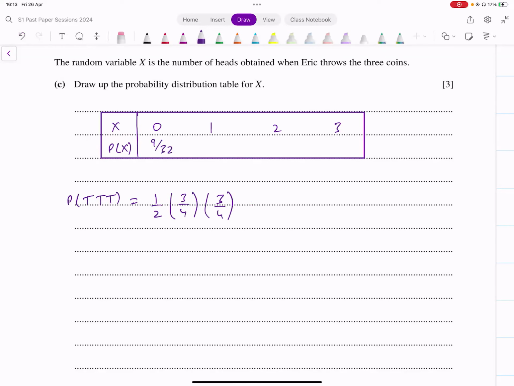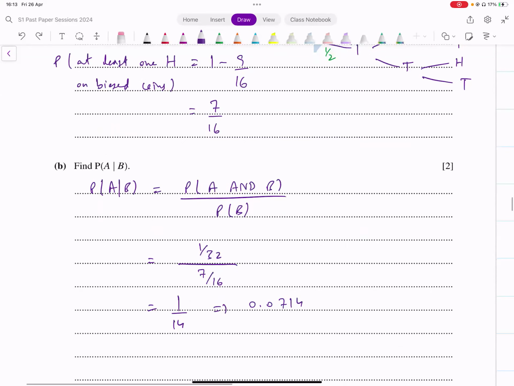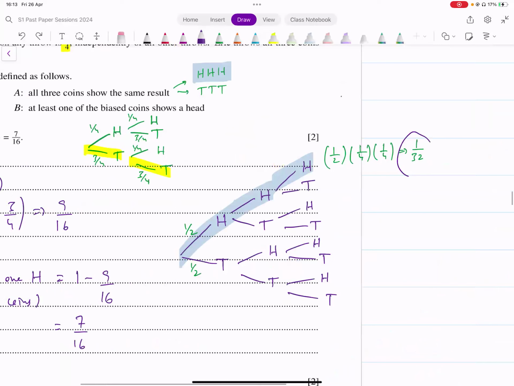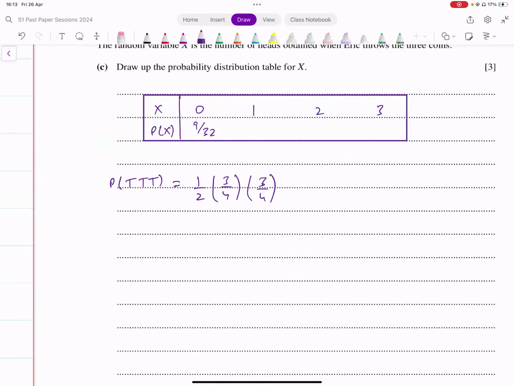That's the probability. We also know the probability of all heads. We calculated that earlier for the second part. That was 1/32, right? This probability, all heads. So 3 heads has this probability, 1/32. Okay. Why do we subtract it from 1? 3 tails means 0 heads.